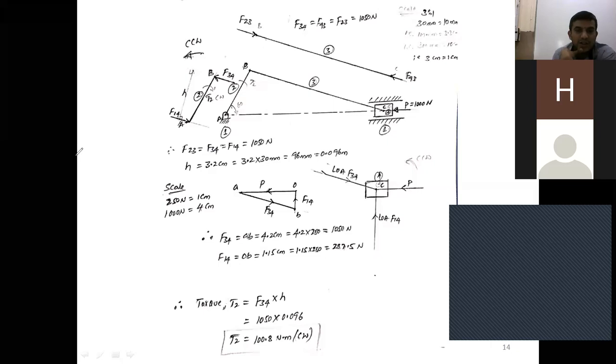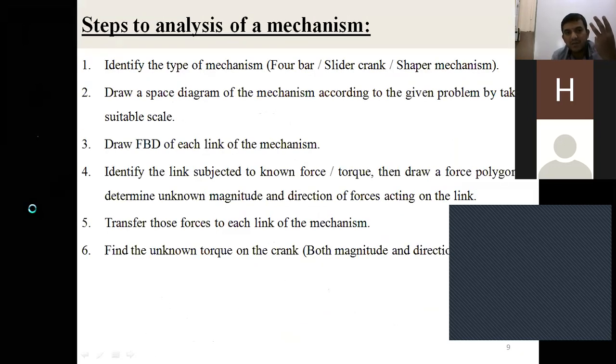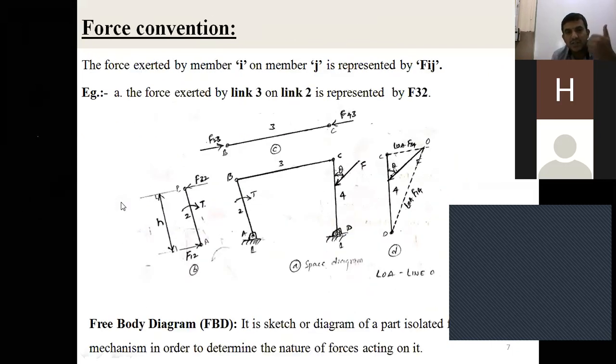Yes, this is today's class. We discussed only the analysis of slider crank mechanism, and also we solved problems on slider crank mechanism. Keep in mind those three static equilibrium equations.